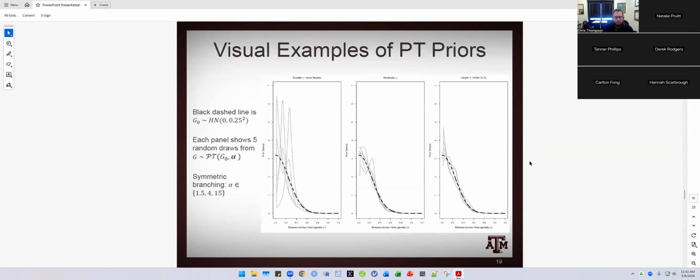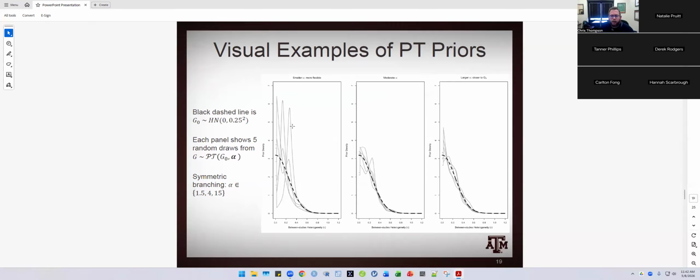Here is an example of three different PT priors, but the alpha level changes. A smaller alpha is on the left, a moderate alpha is in the center, and a larger alpha is on the right.